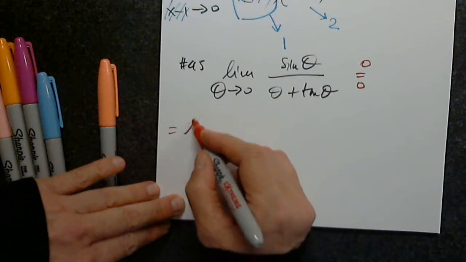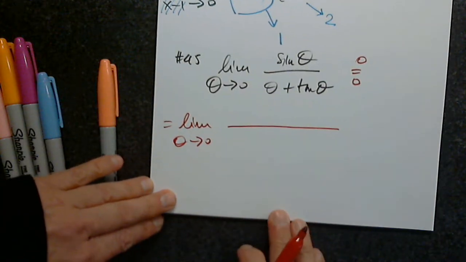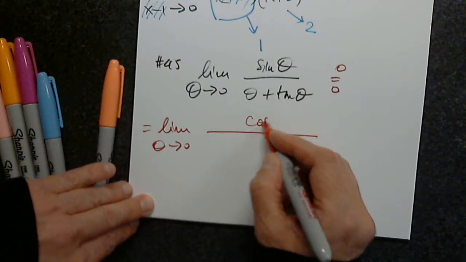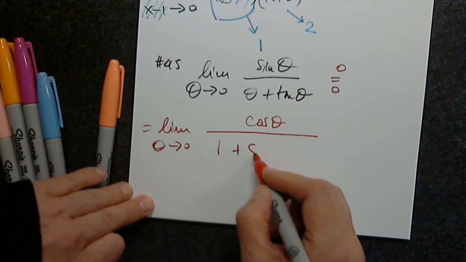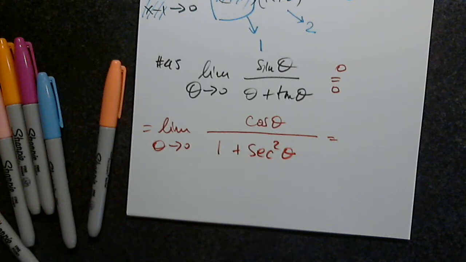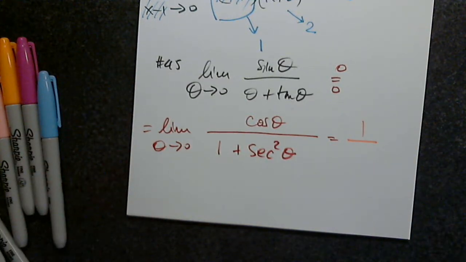Of course, it's a ratio, so then limit as theta approaches 0. Let's differentiate the top. And we get cosine theta. And let's differentiate the denominator. And we get 1 plus secant squared theta. So now, where does the top go? To 1. Excellent. Where does the denominator go?